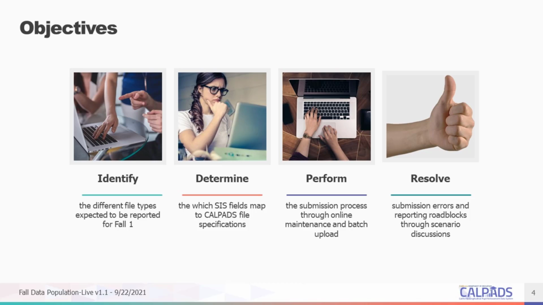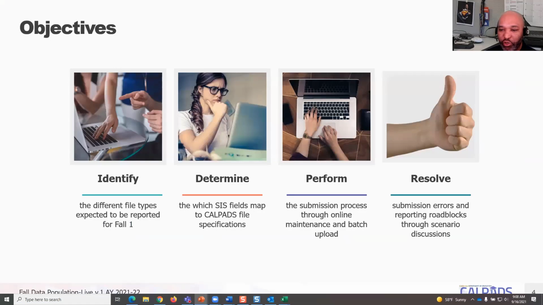We hope that you can determine which SIS fields map to the CALPADS file specifications, so you can go between your system locally and CALPADS and verify the data points. You have the confidence to perform the submission process either through batch file or online maintenance. Of course, again, today is online maintenance. And then along those lines, you have the confidence and mechanisms to be able to resolve errors independently.